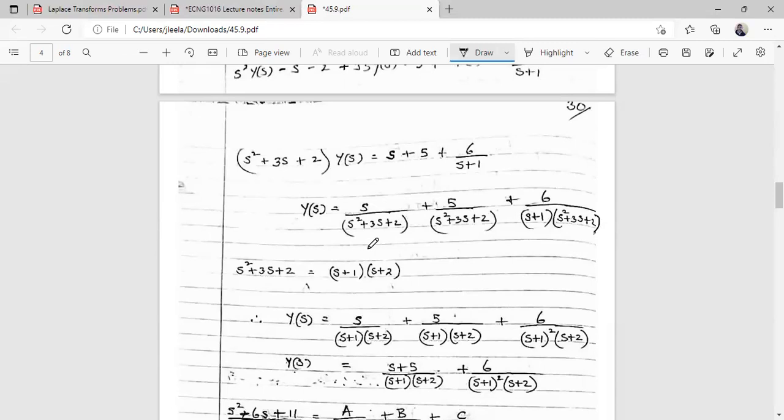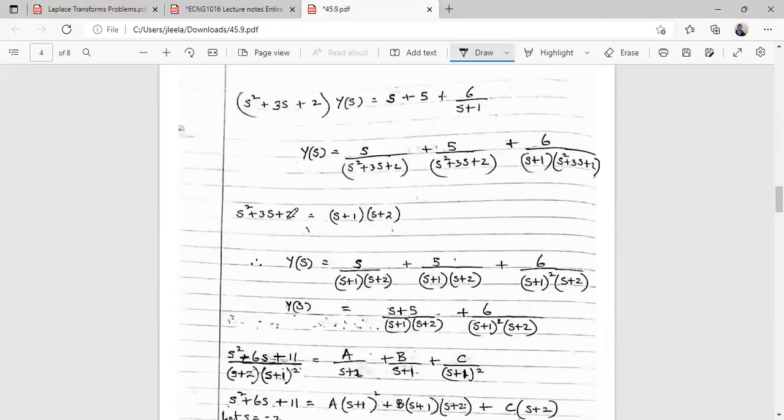And what that leads to: we have to divide throughout by s squared plus 3s plus 2. So the s will be divided by s squared plus 3s plus 2. The 5 as well will be divided by s squared plus 3s plus 2. And the 6 will be divided by (s plus 1) into (s squared plus 3s plus 2).